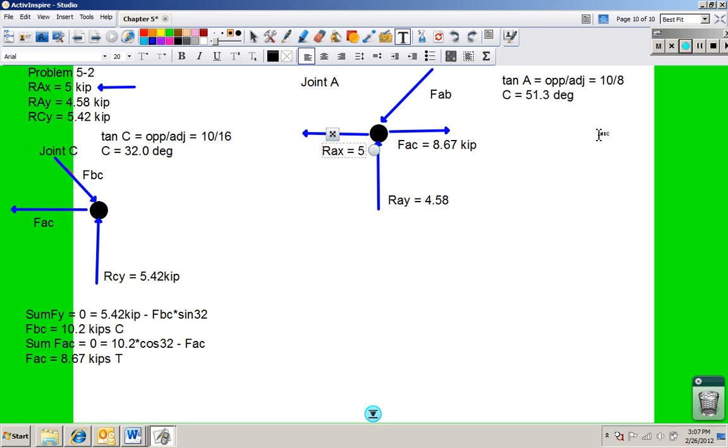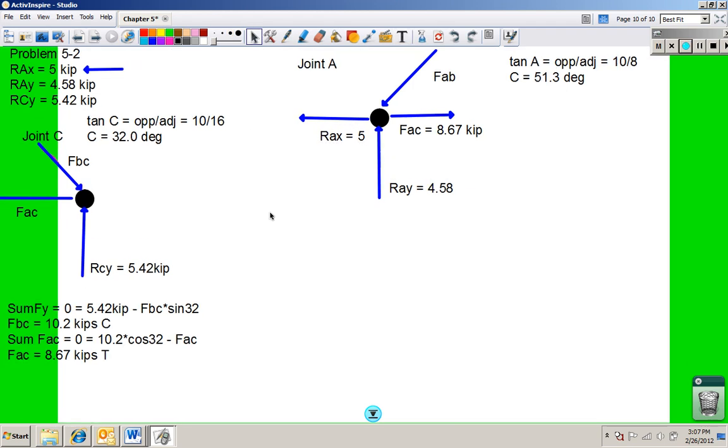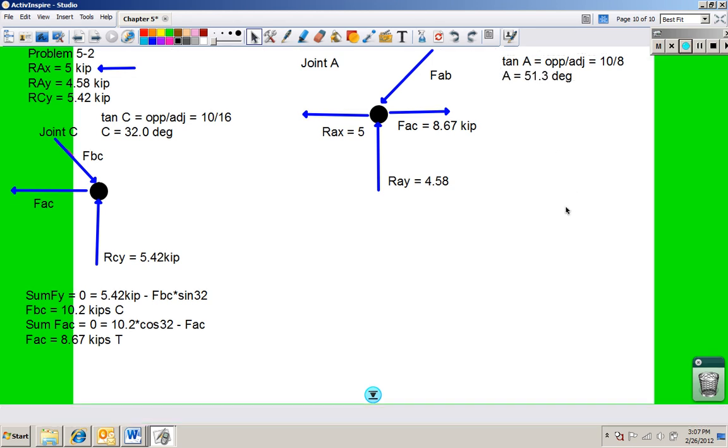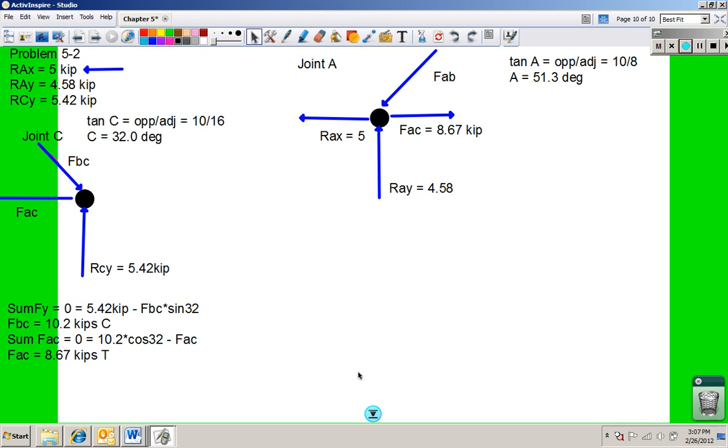I also had found this angle as well. I did opposite over adjacent again. Opposite was the height, adjacent of the truss is 8 feet. So you get 51.3 degrees for A. So we can do sum of forces X or sum of forces Y.